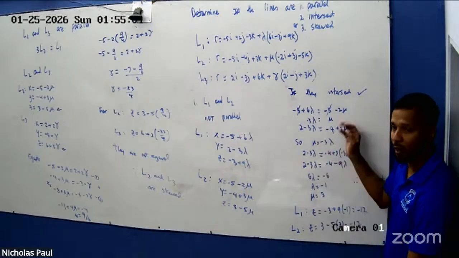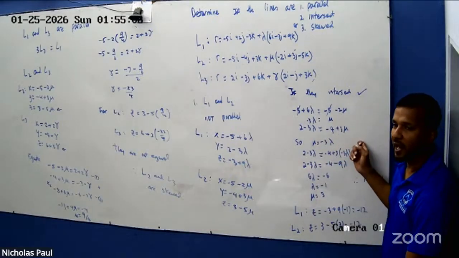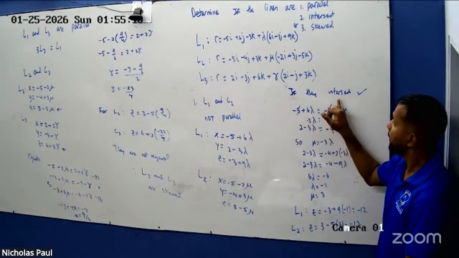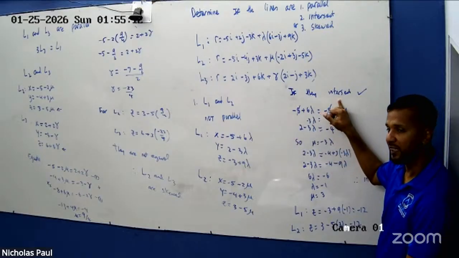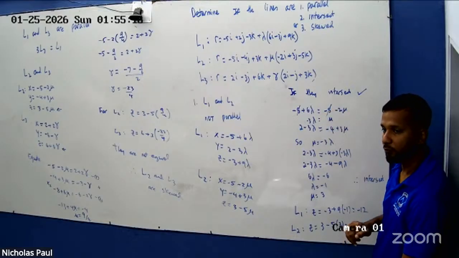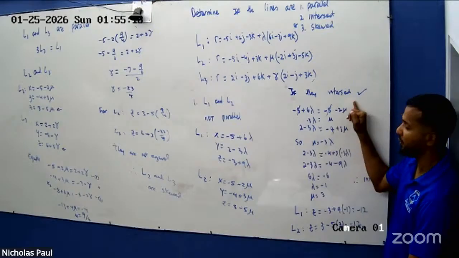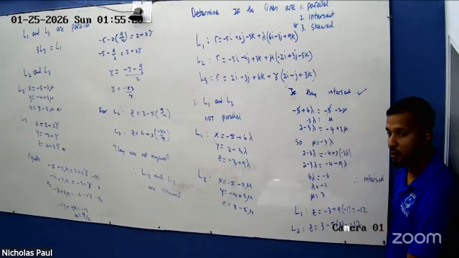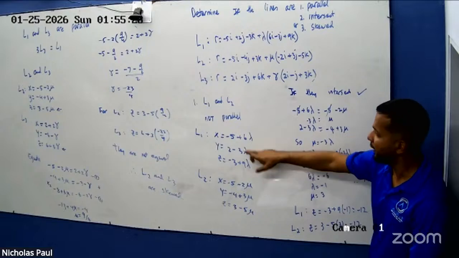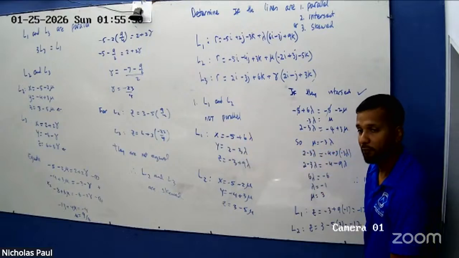Suppose they ask you to find the point of intersection. What will you do? How will you find the point of intersection? Plug in lambda here, lambda here, lambda here. And then write down what x, y, and z are.